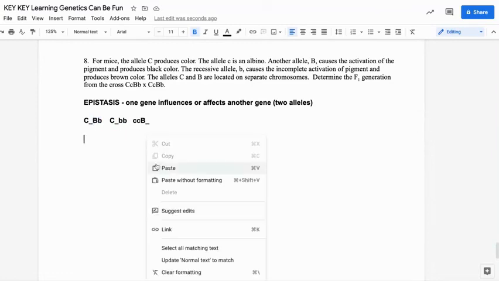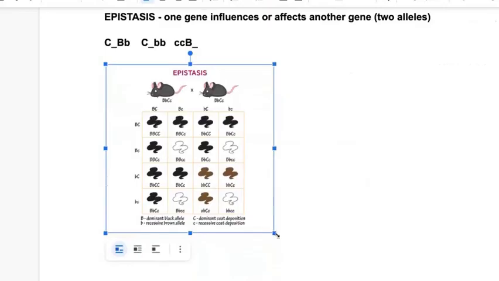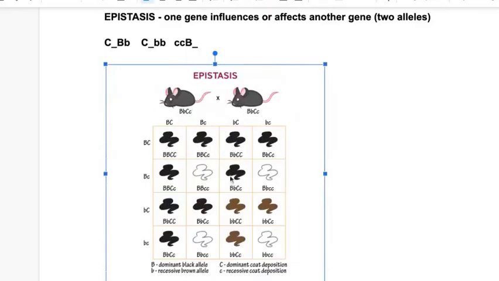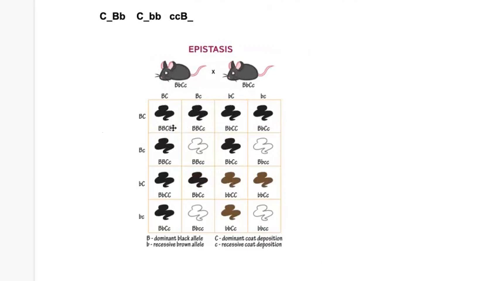Okay, so here is what it looks like. So here's your 9:3:3:1, but it's not 9:3:3:1. As long as you have a dominant C, you will get whatever color. So in this case, black, right? Black. And here you have the dominant C and two little b, so we're allowed to produce brown.